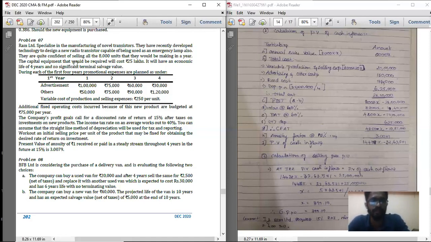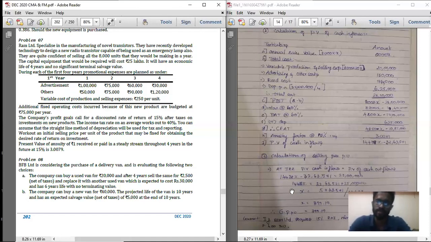They have directly given that the capital equipment required will cost 25 lakhs, so the cash outflow is 25 lakhs. Now solve this equation and you will get X, which is the selling price per unit. If the 32 lakhs goes to the left hand side, it becomes addition: 32,63,571 plus 25 lakhs, you get 57,63,571.